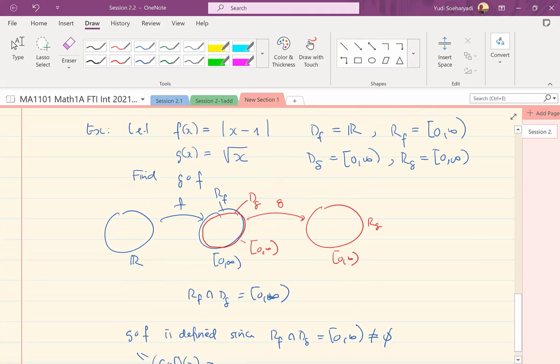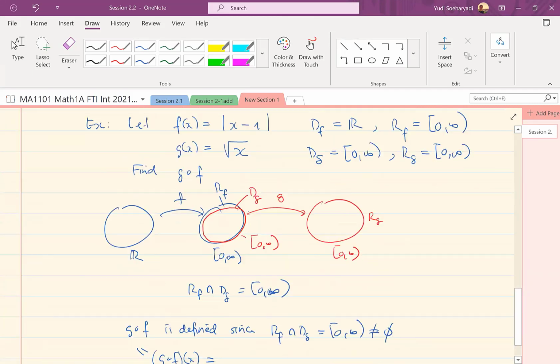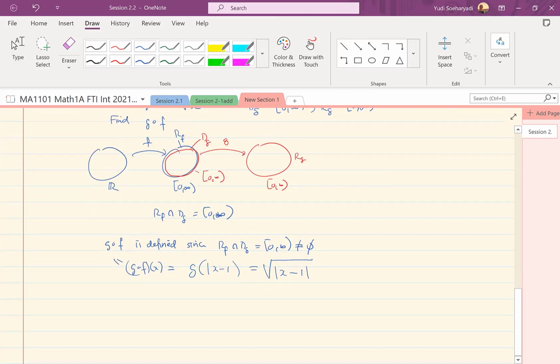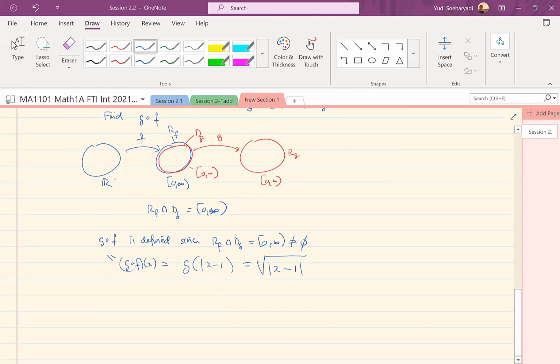F is computing the absolute value. So G of absolute value. Okay, so G is taking square root. So this becomes square root of. Okay. So in this case, you can go directly from, let's see, F first, followed by G.